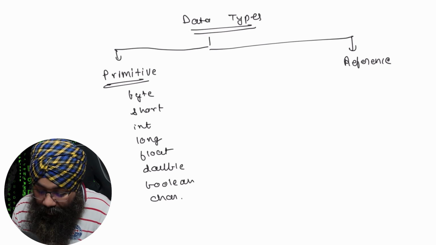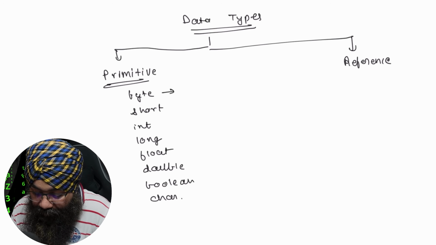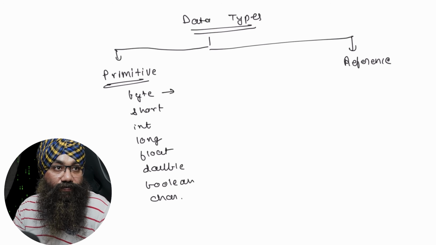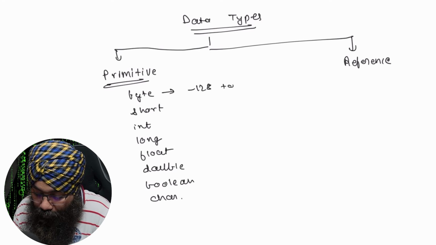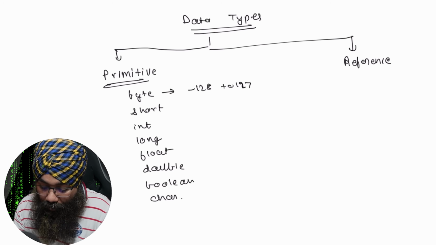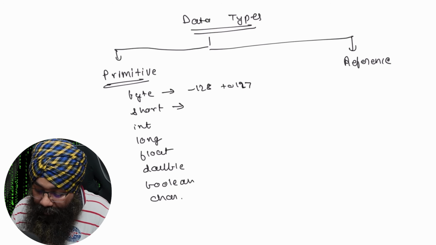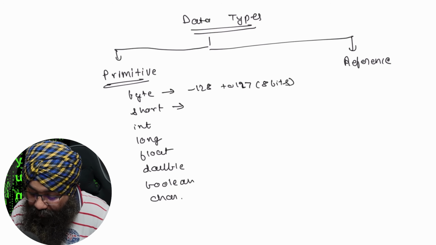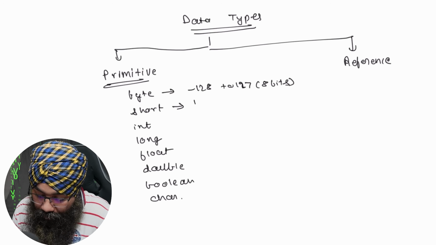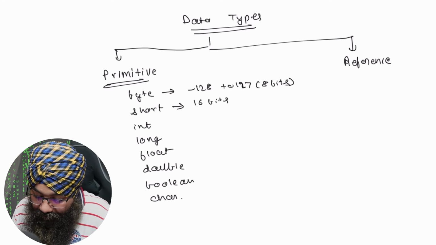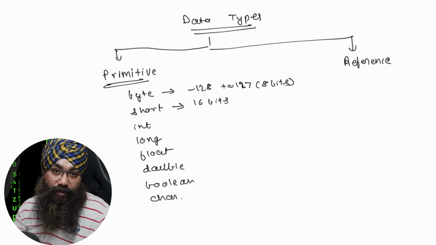Okay. So byte is just like integer, and its value lies from -128 to 127. Now short: a byte can hold 8 bits of data, similarly short can hold 16 bits of data.